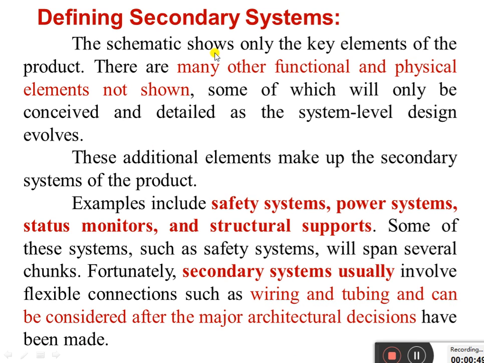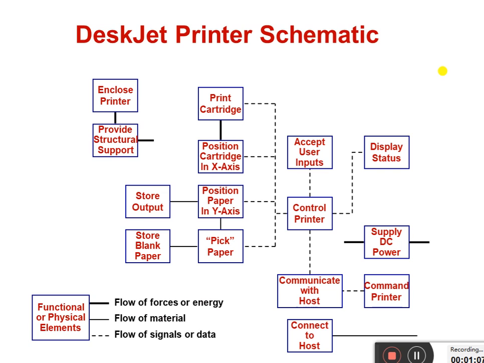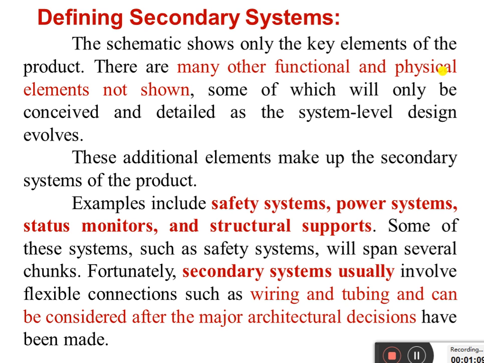So defining secondary system. The schematic shows only the key elements of the product. There are many other functional and physical elements not shown. In the previous flow diagram, many key elements are mentioned, but in addition to that we'll have many functional and physical elements not shown in the previous schematic diagram, some of which will only be conceived and detailed as the system level evolves.